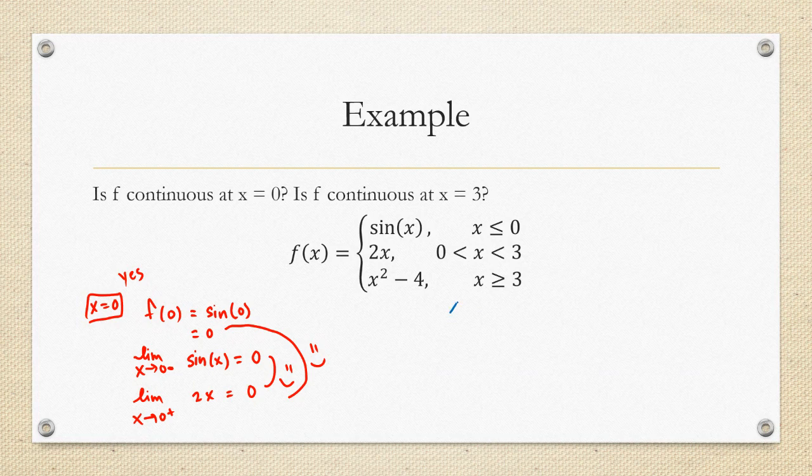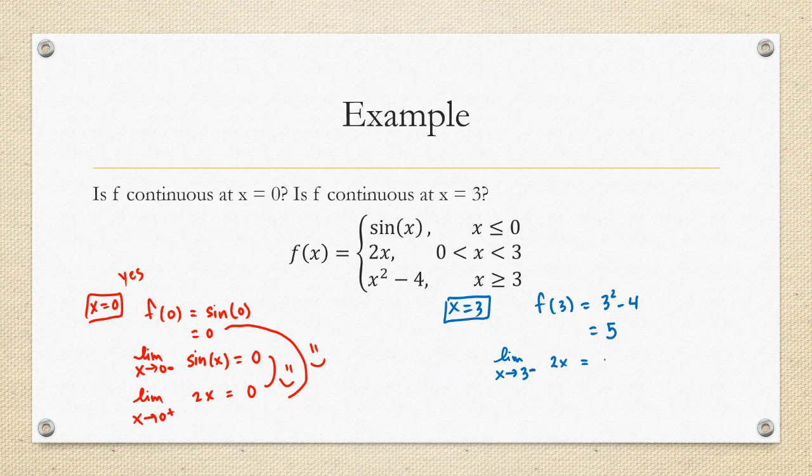Now I'm going to do x equals 3. So f of 3 would be 3 squared minus 4, which would be 5. So that's a good start. And then I need to check the limit as x approaches 3 from both directions. Well, if I'm a little bit smaller than 3, I would use 2x.